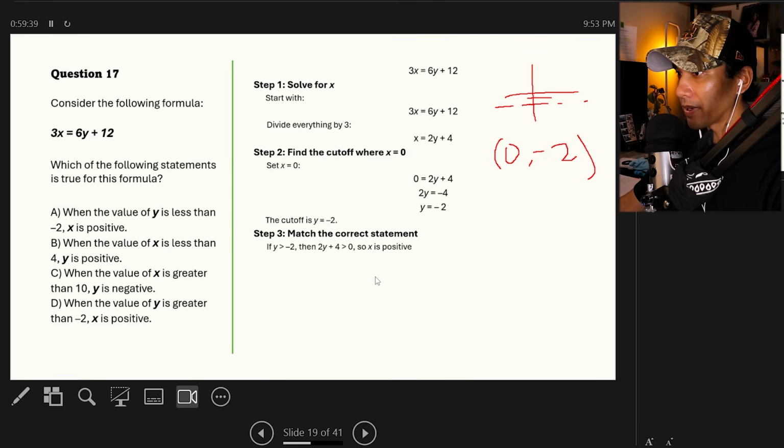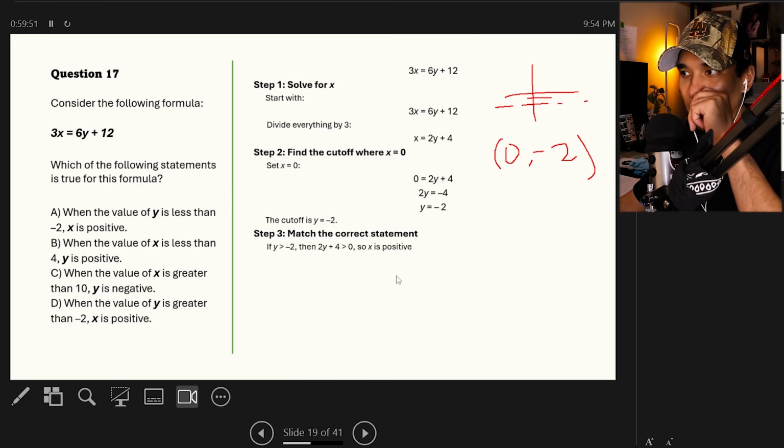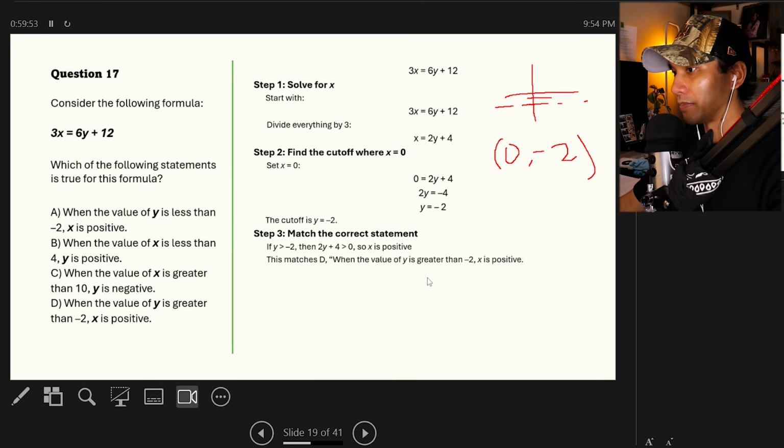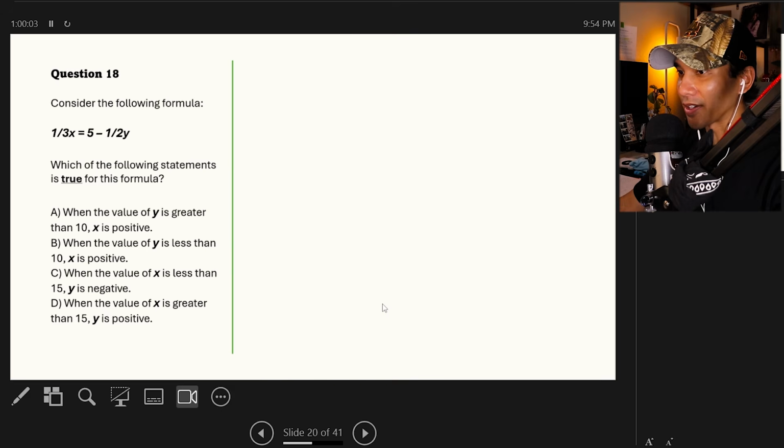Match the correct statement. So if y is greater than -2, then 2y plus 4 is greater than 0. So x is positive. I don't understand that, but okay, this matches D. When the value of y is greater than -2, x is positive. See, where did I get that from? I don't know. But that's the answer, guys.